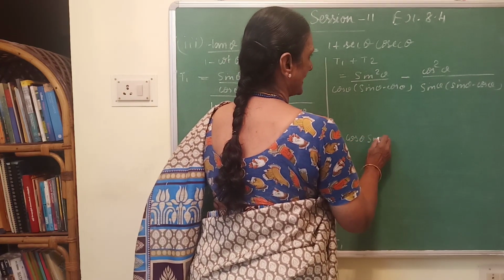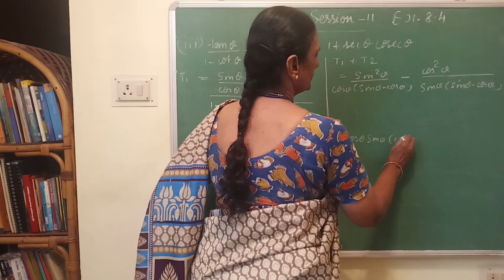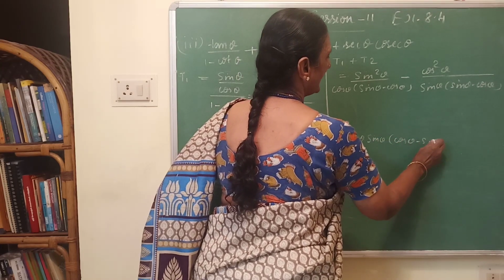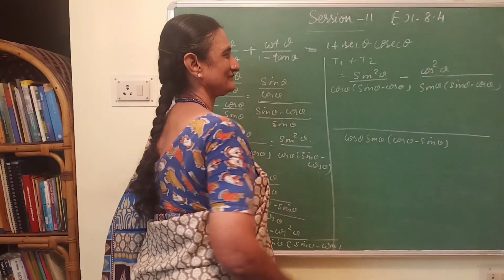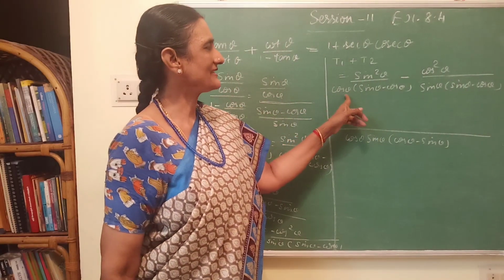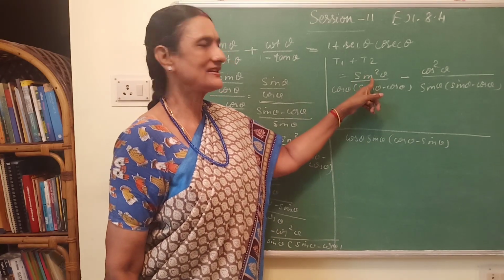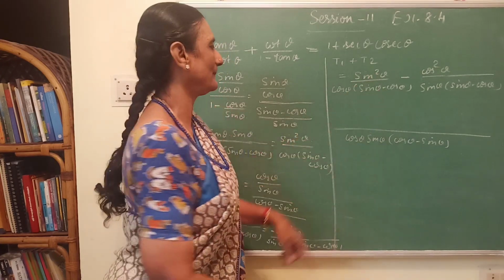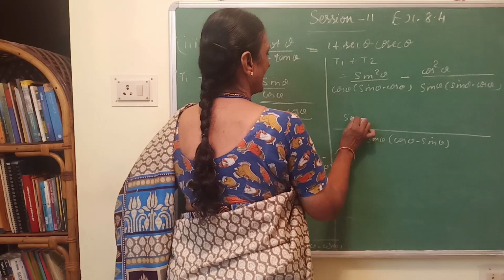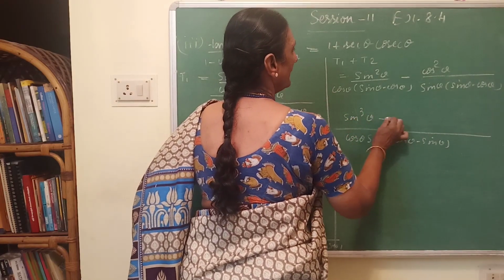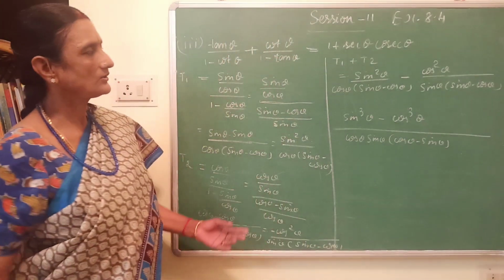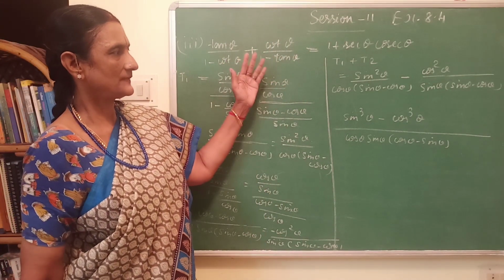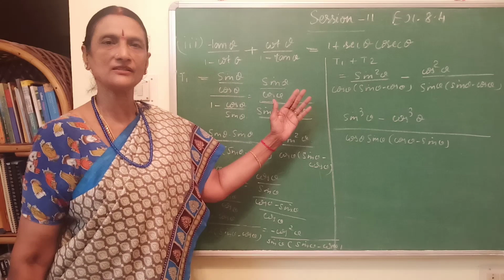Cos theta sin theta into (cos theta minus sin theta), and then in the numerator sin cubed theta minus cos cubed theta. So that's how the entire expression has become.